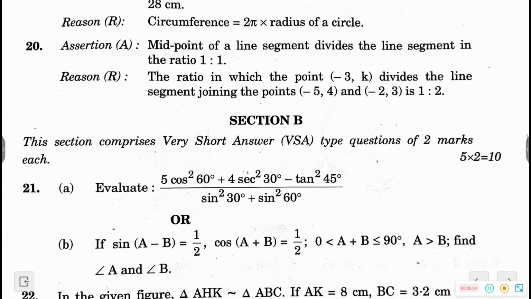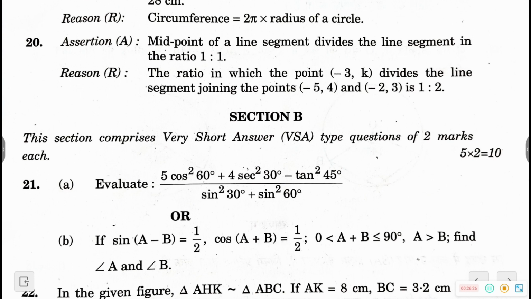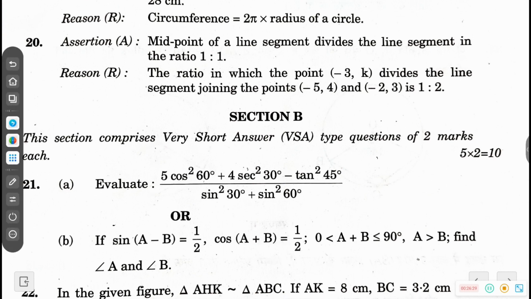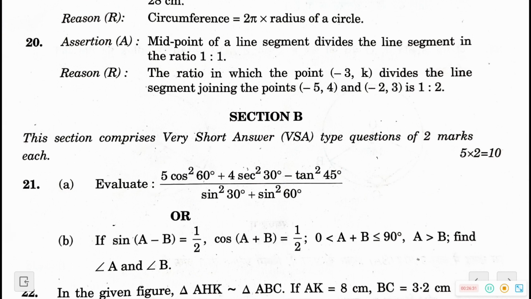Now question number 20, again assertion and reasoning. Here in question number 20, the first point is about the midpoint of a line segment dividing the line segment in the ratio 1 is to 1. That's true. Because it is a midpoint, it divides the line segment into two equal parts. Let's take A, B. If it is P, A to P, P to B, it will be the same. So the ratio will be 1 is to 1 only.